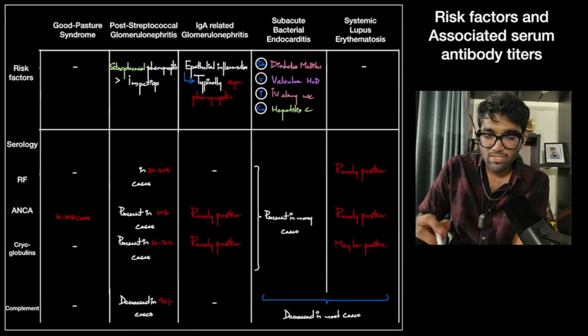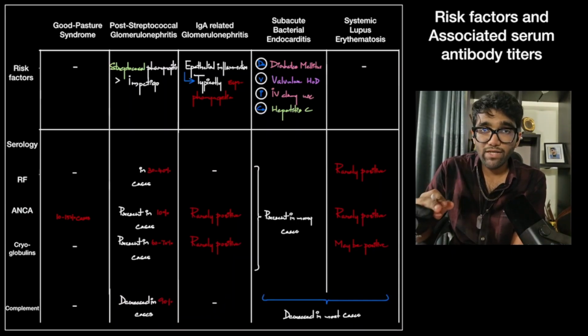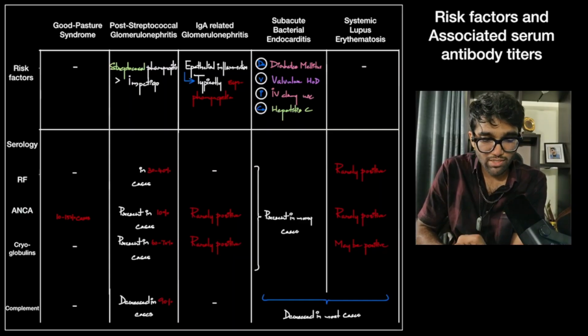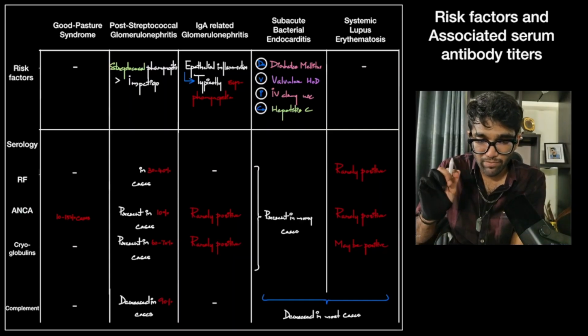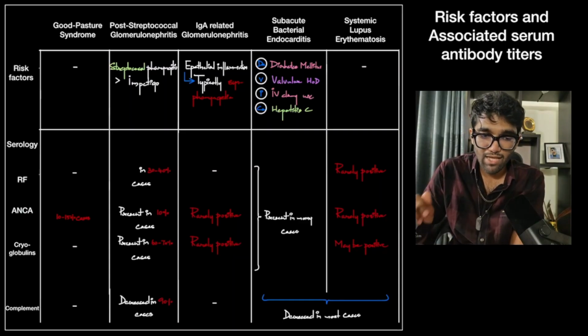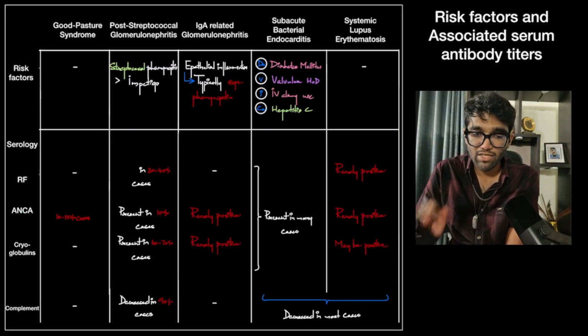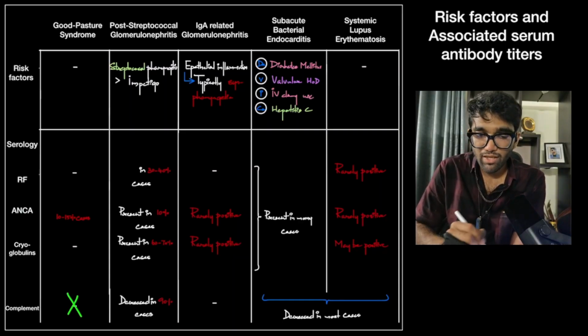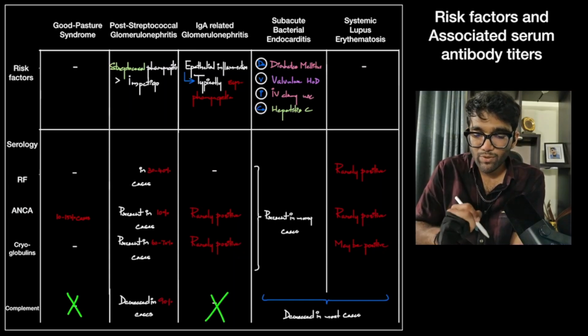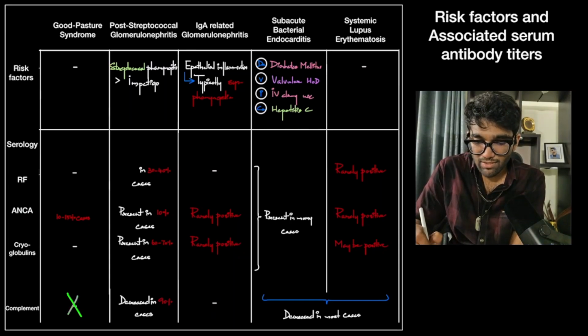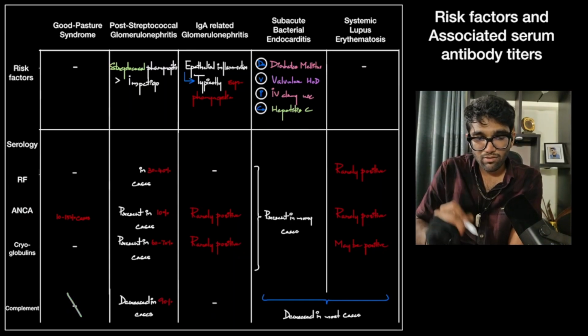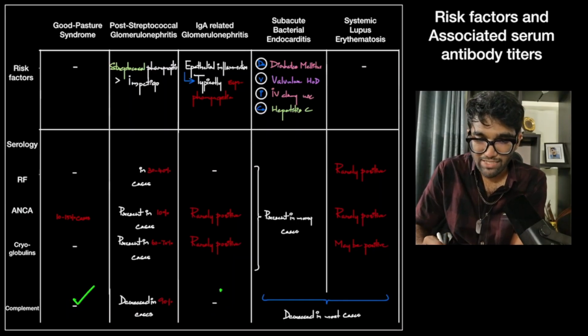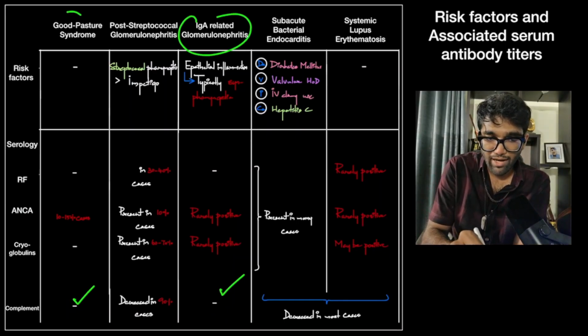Okay, so once I see a patient who may have nephritic syndrome, my first diagnostic branch point is usually serum complement levels. When it is decreased, I am pretty sure that the patient does not have Goodpasture and does not have IgA. When it is not decreased, then I am considering Goodpasture and IgA. So these two come together and the other three come together.